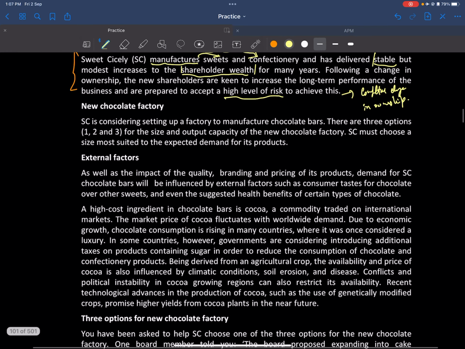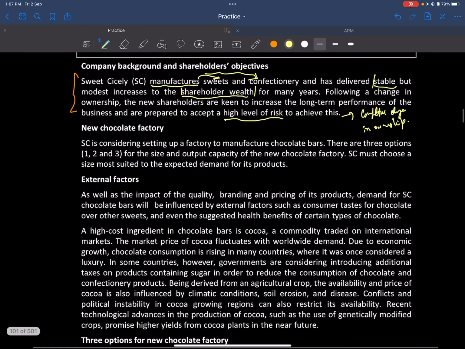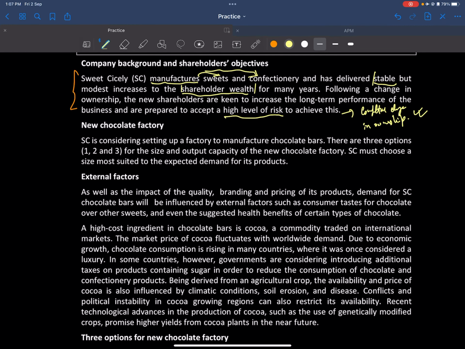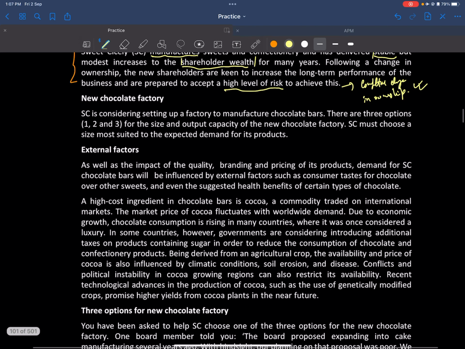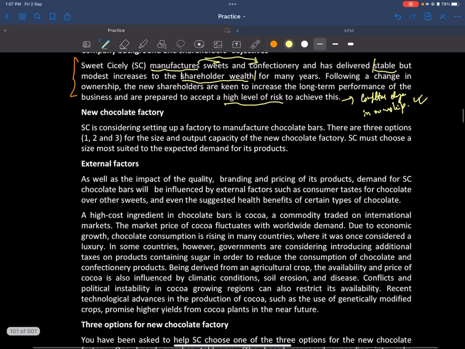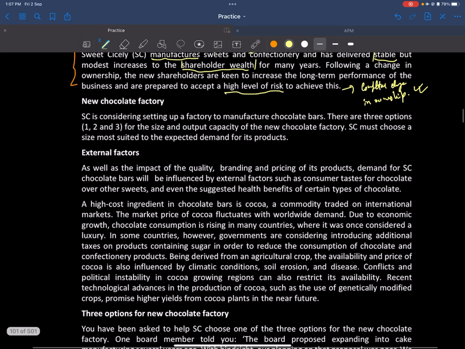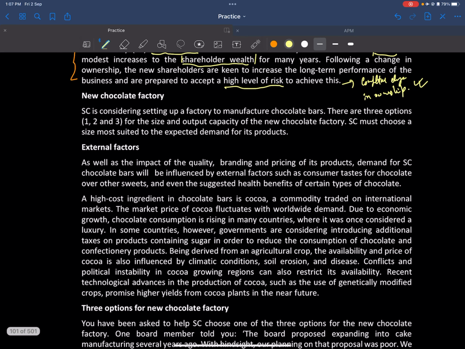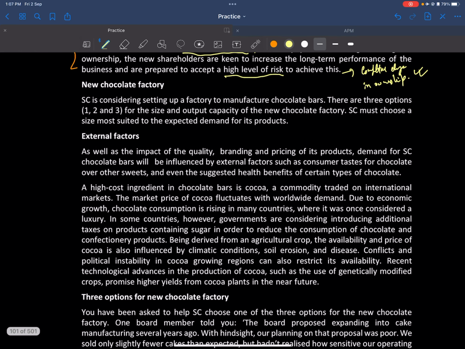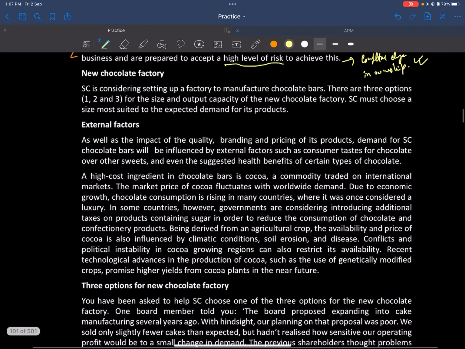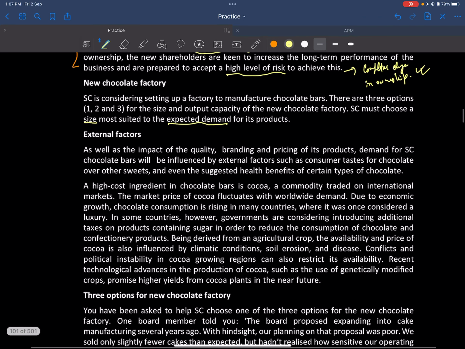Okay, so new factory, that could give us some analysis related points, related marks. The new chocolate factory is basically they are planning to set up a factory to manufacture chocolate bars, and there could be three options for the size and output capacity, and SC must choose the size which is more suited to the expected demand.